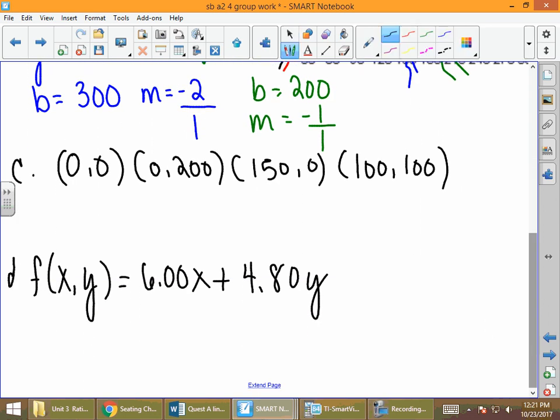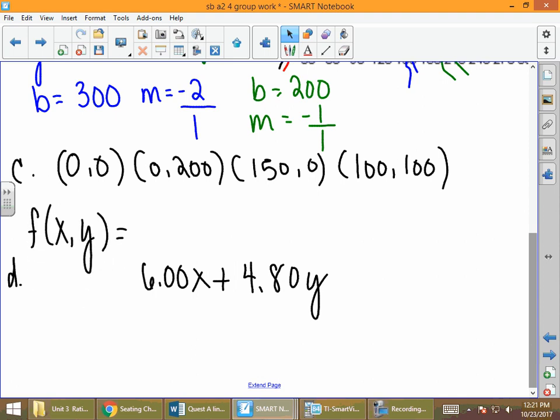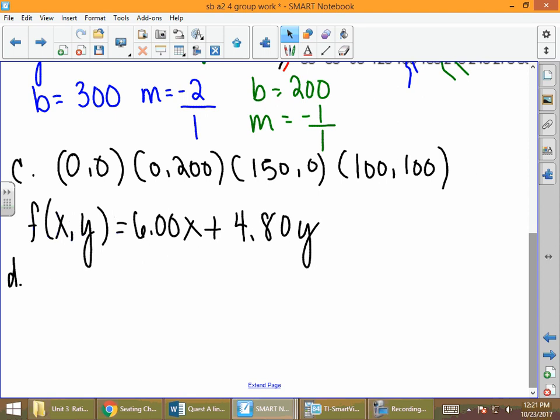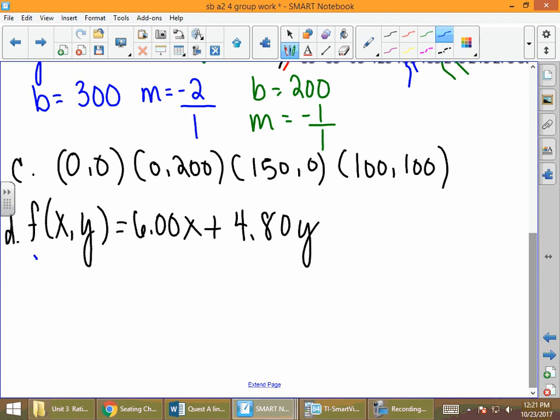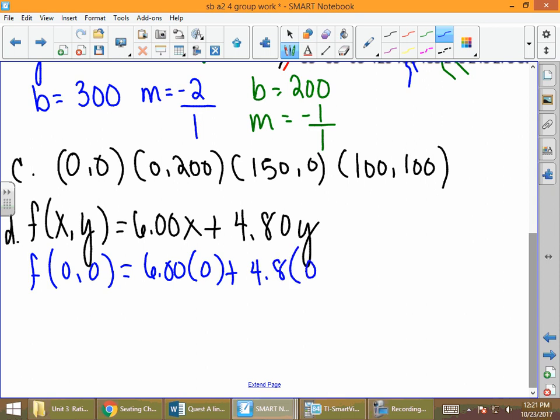So this was our part D. And now we're going to take these values and put them back into this equation. So when we start, we've got f of 0, 0. 0 is going to go back in for x, 0 for y. So it's going to be 6 times 0 plus 4.8 times 0, which is 0.